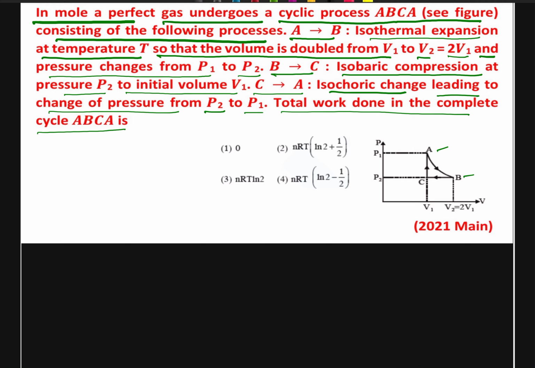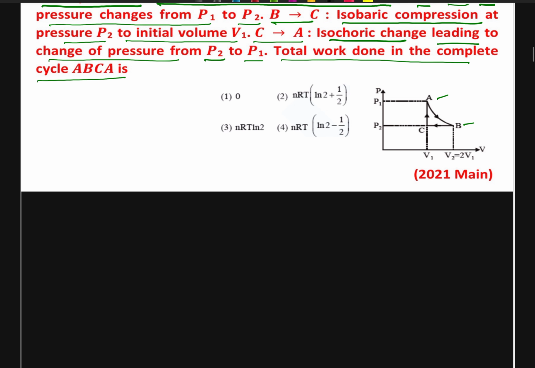In order to find out the work done, we will just take the processes one by one, and let us start with AB, and AB is given to us as isothermal expansion.